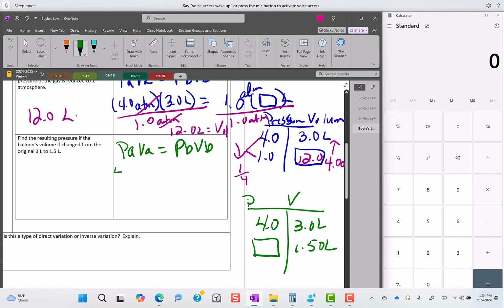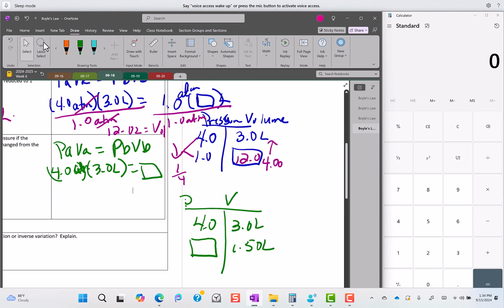We have 4.0 atmospheres times 3.0 liters equals the new pressure. We don't know this, but we're finding out.